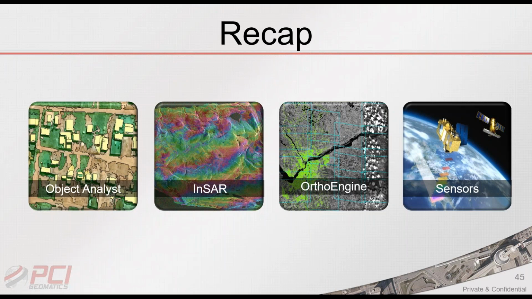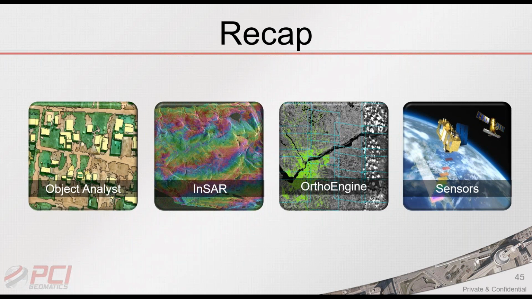Okay, just to summarize the overview today: 2 brand new packages available now in Geomatica 2017. Object Analyst for image segmentation, classification, and feature extraction. We've got InSAR, which is an end-to-end workflow for subsidence and uplift analysis.